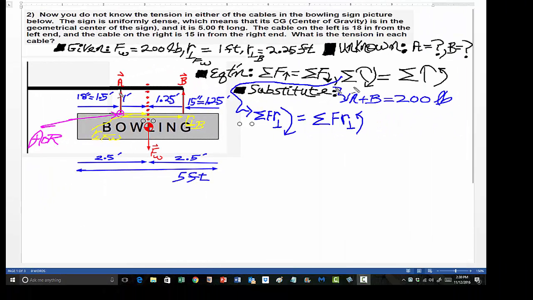We now write the second condition of equilibrium, or the sum of the clockwise torques is the sum of the counterclockwise torques. This becomes that the sum of the forces times the moment arms for clockwise torques is the sum of the forces times the moment arms for the counterclockwise torques. First, let's deal with the clockwise torques.